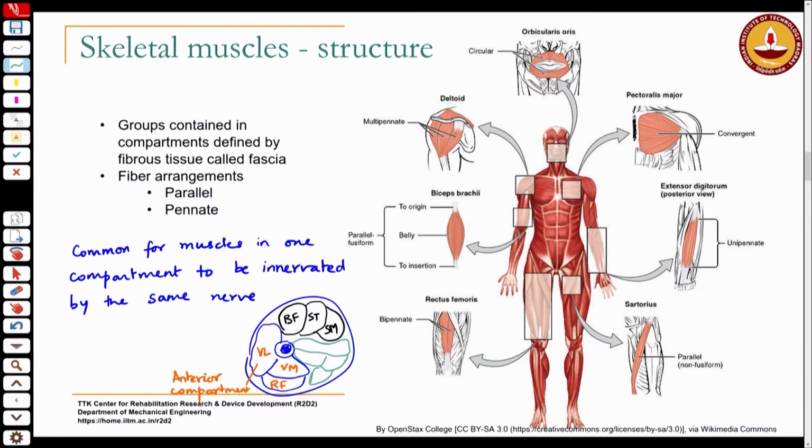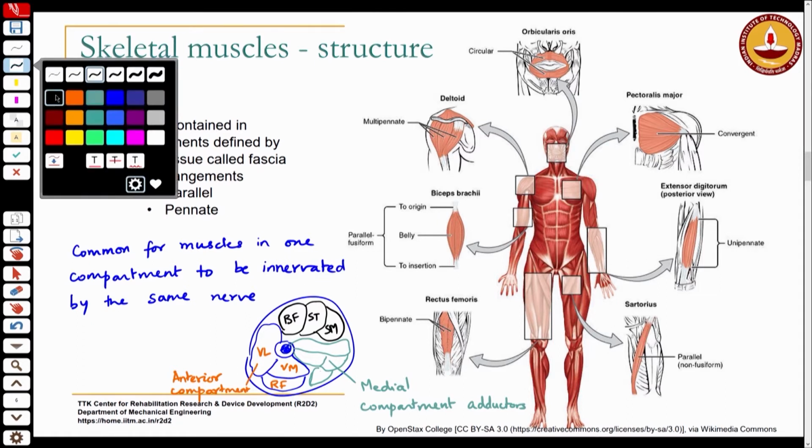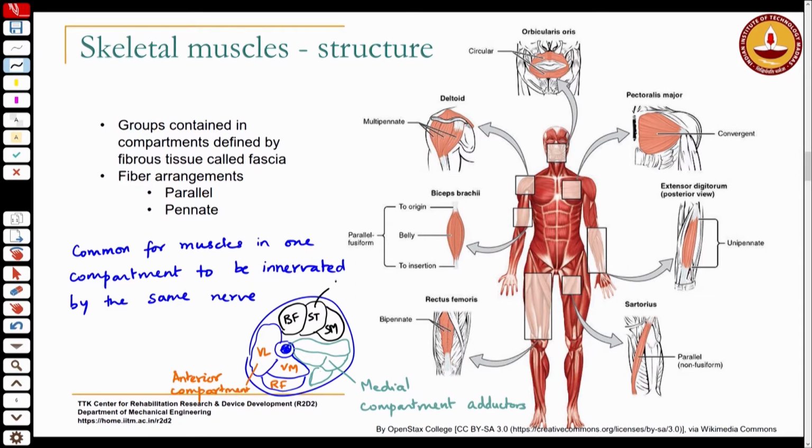So, these would be the medial compartment and they would be the adductors. So, each group would be extensors or flexors or adductors or abductors. So, this is your posterior compartment.